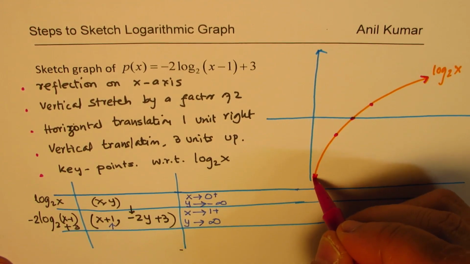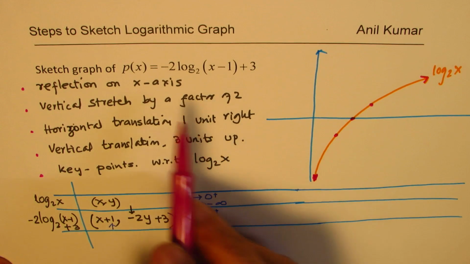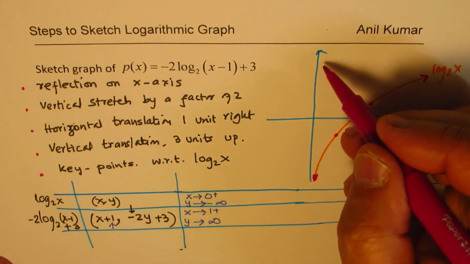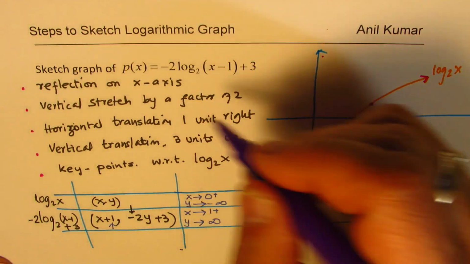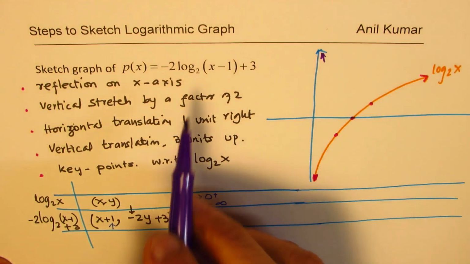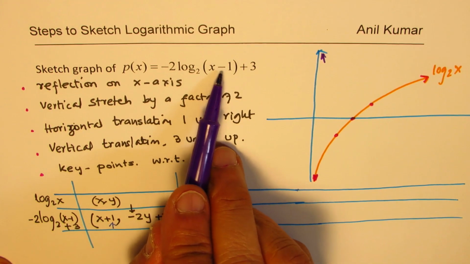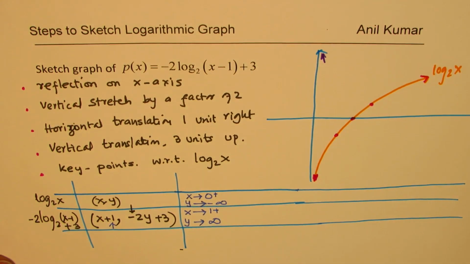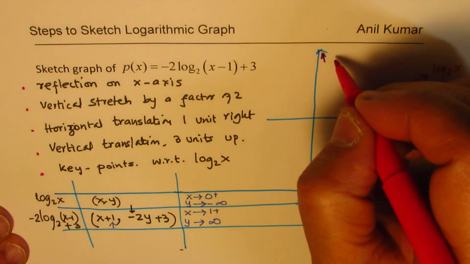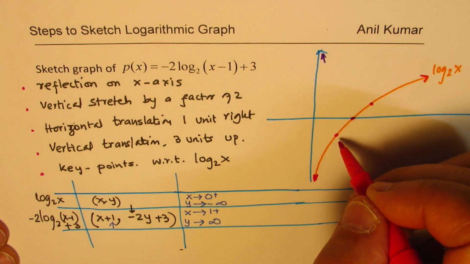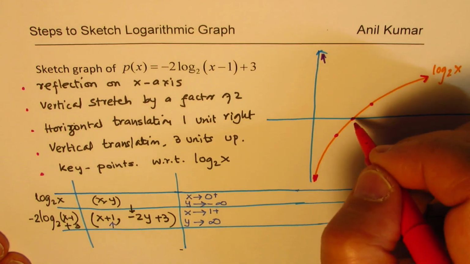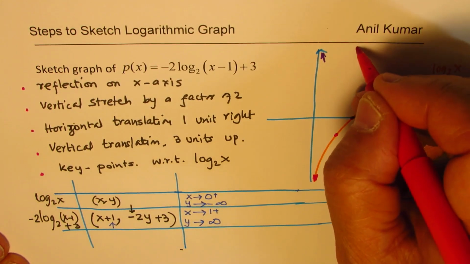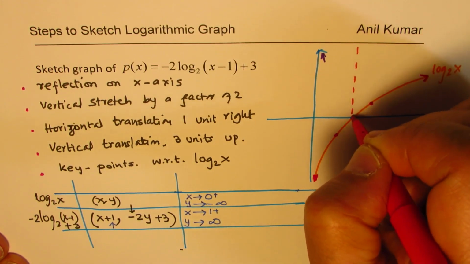Now we are focusing on this point. See what is happening. When I say minus, this point actually shoots up. That is minus, right? So that minus makes it shoot up, but then you are moving it by 1 unit to the right. That means the vertical asymptote has shifted from the y-axis to a position which is 1 unit to the right, which is practically here. Do you see that? So it moves here.